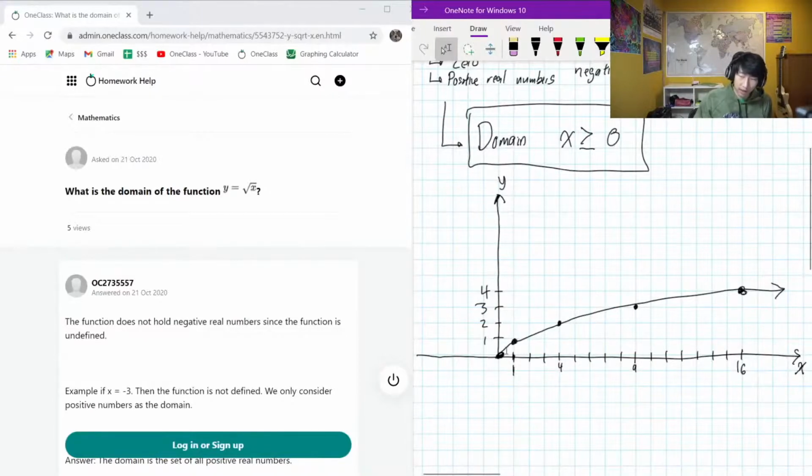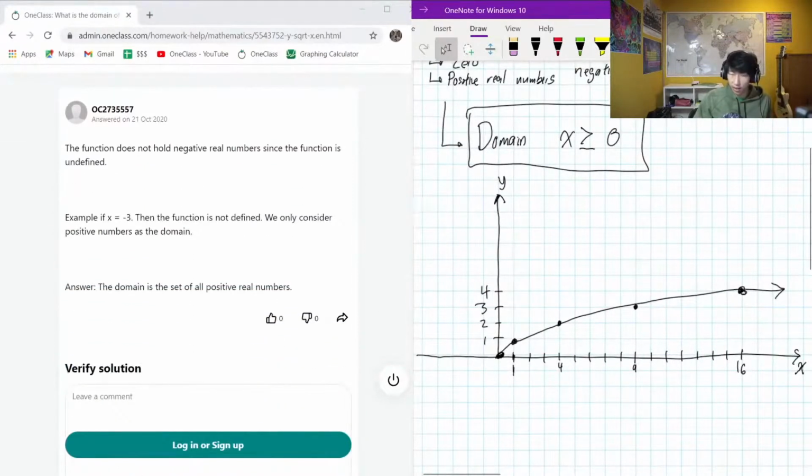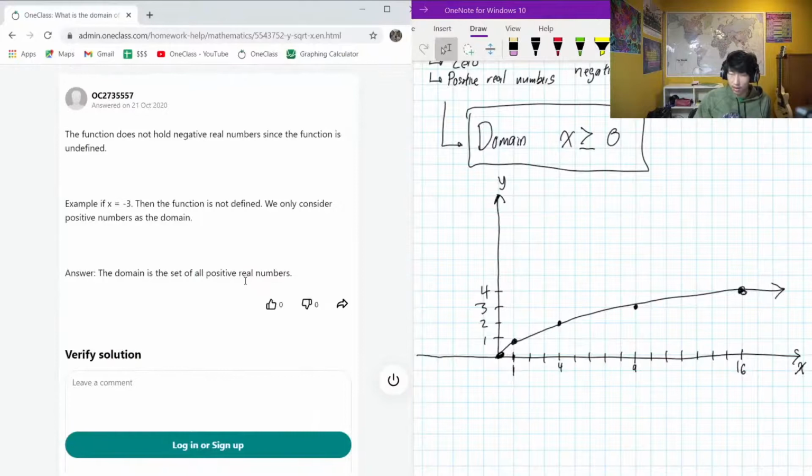We're going to have values anywhere that is to the right hand side of the y-axis. Anything to the left hand side is in the negative world. That would be x is less than 0, illegal, inappropriate, not going to work out, only x bigger than or equal to 0. Okay, so yeah, that is the domain. Set of all positive real numbers.